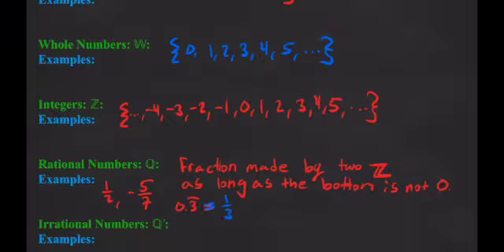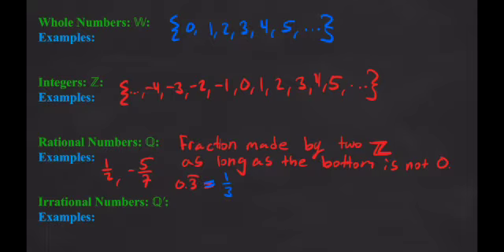Okay? We could also have, let's say, 0.25. 0.25 is really just 1/4. It could also be negative. Okay, that works. Here's a quick rule for this. If the decimal ends, it can be written as a fraction.